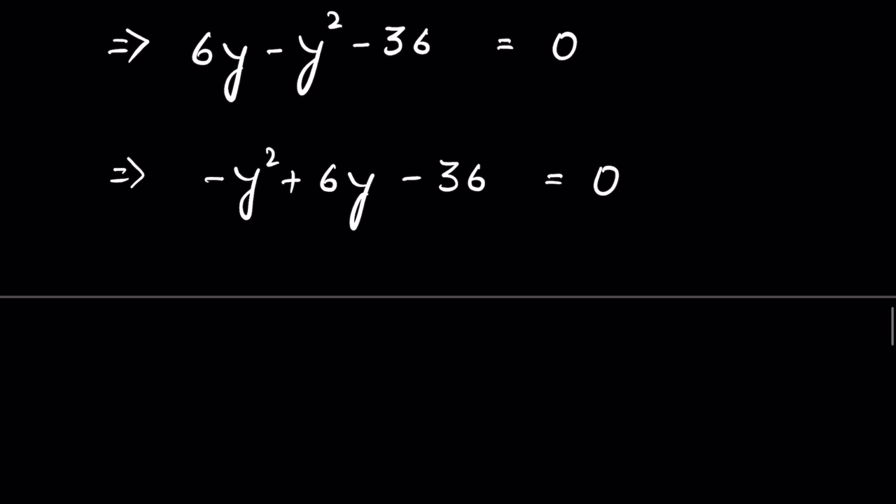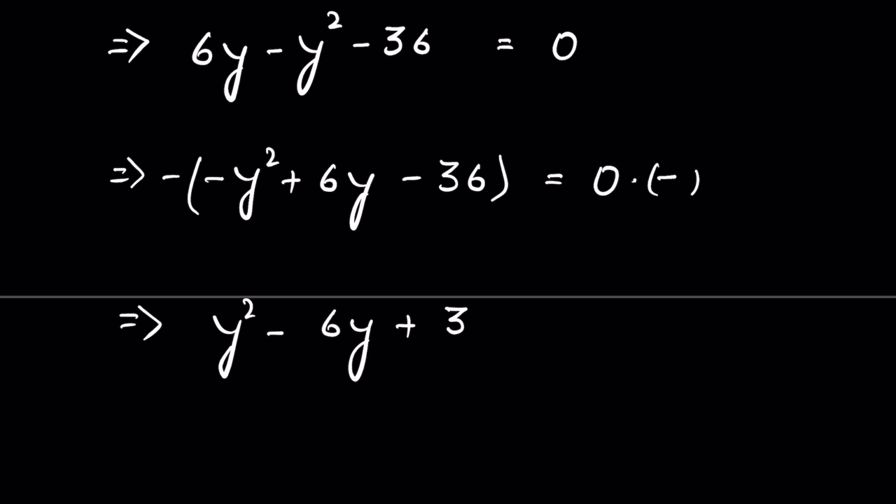When we multiply minus 1 to both the sides, then we have y square minus 6y plus 36 is equal to 0.